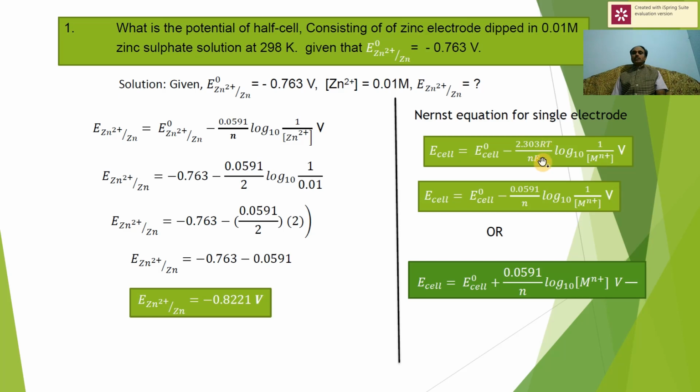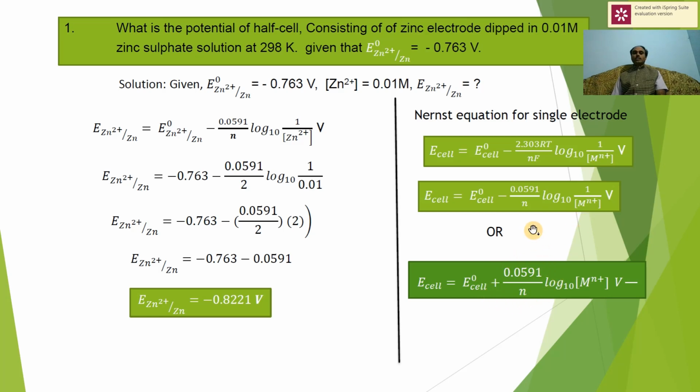Calculating these constant values will give you 0.0591 divided by n, then log of 1 divided by molar concentration of the ions, and the unit is volt. And you can write this equation also in this form. Instead of minus, you can also write plus if you remove this inverse.